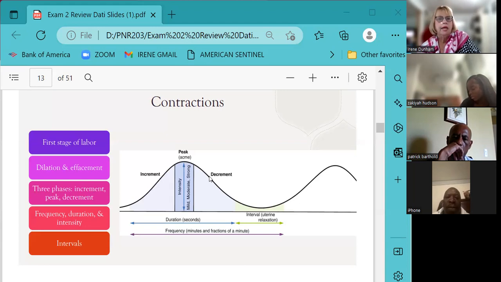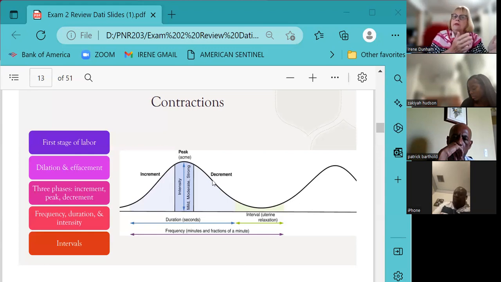I'm coaching her, and here it comes down. This is called the decrement. It decreases. As soon as she comes down off that mountain, I'm going to do the slow chest breathing again. In and blow it away. In and blow it away. Let her calm down off this contraction.